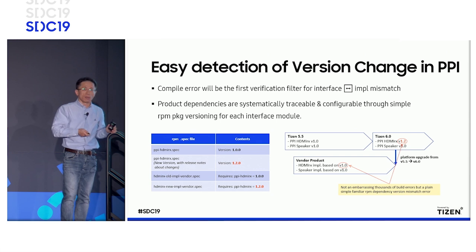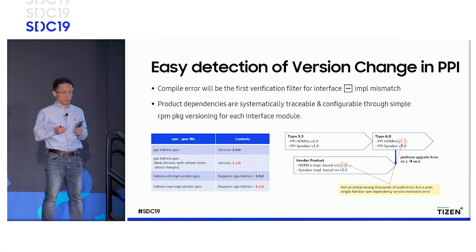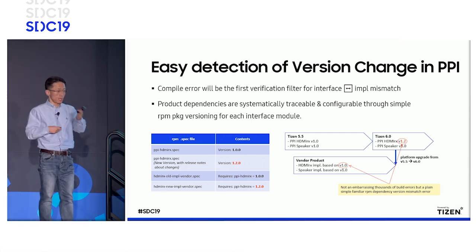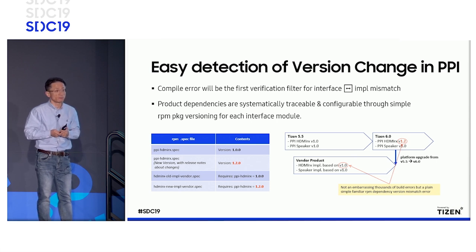When the content provider passes the certification from the Tizen ecosystem, then it should work on all other Tizen TVs. That is our intention. But for that purpose, definitely we need to do more. We need to make a test environment and so on. But that is our objective. Okay, thank you.